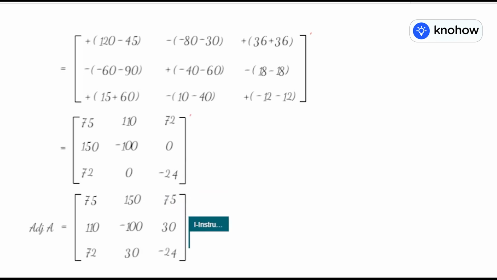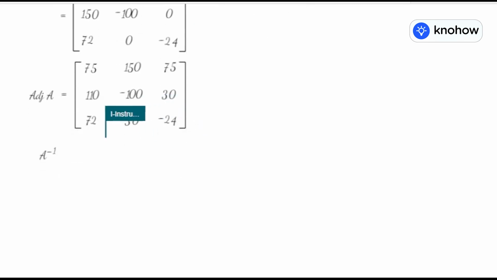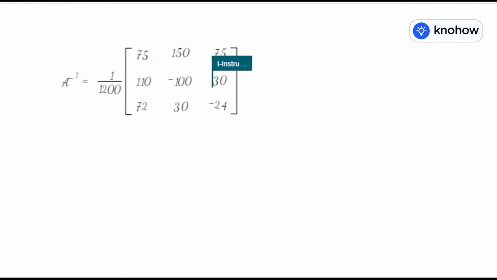Already you know the value of determinant A is 1200. So what will be the value of A inverse? A inverse is 1 by determinant A into adjoint A. Replacing, you get A inverse equal to 1 upon 1200 times the elements of adjoint A, which we have already worked out in the previous step. Now what is the value of the variable matrix, 1 by x, 1 by y, 1 by z?